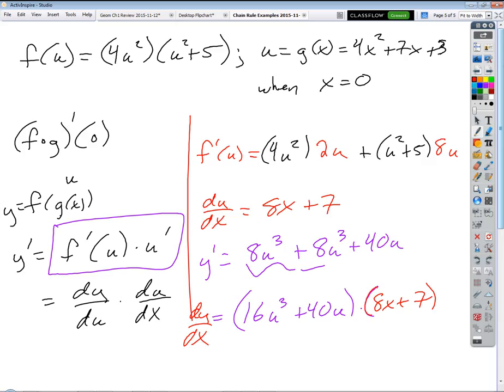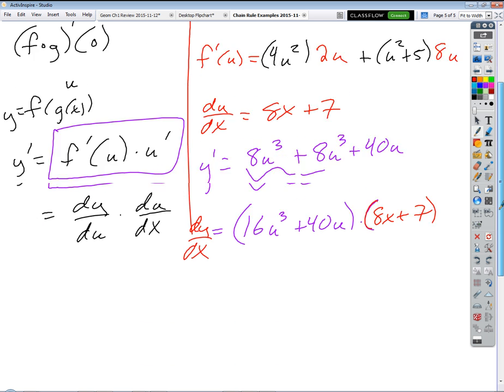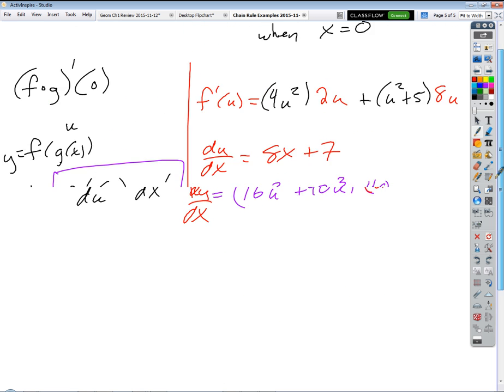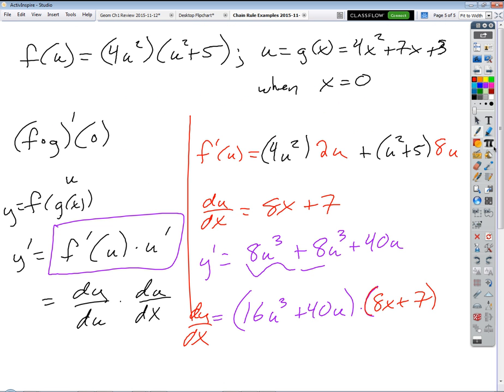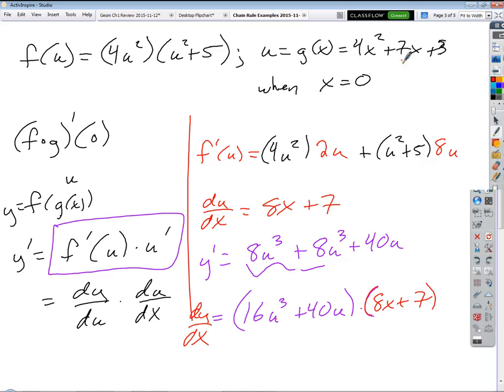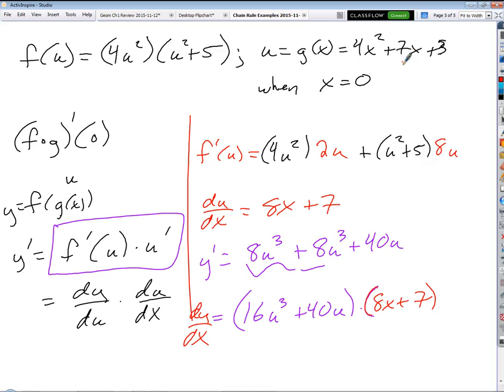So you would just plug 0 in for the 8x plus 7? Okay, so what we would have to do then, if we're going to evaluate this when x equals 0, is figure out what is the value of u when x is 0, which we could do, just plug it in, right? When x is 0, isn't u equal to 3? Yeah. And isn't u prime just equal to 7?